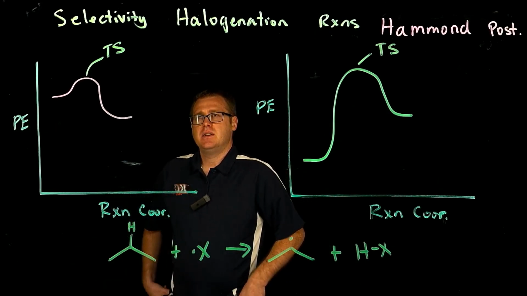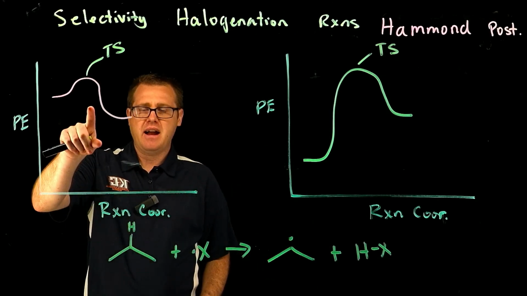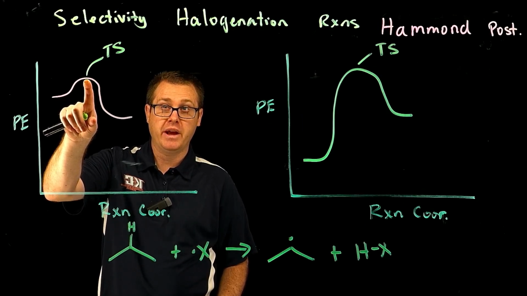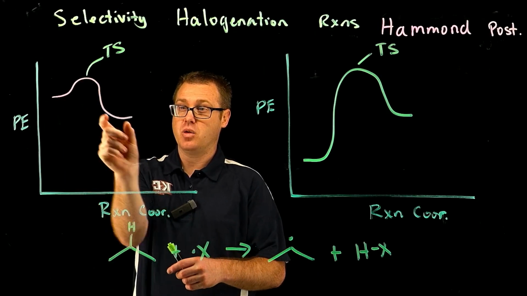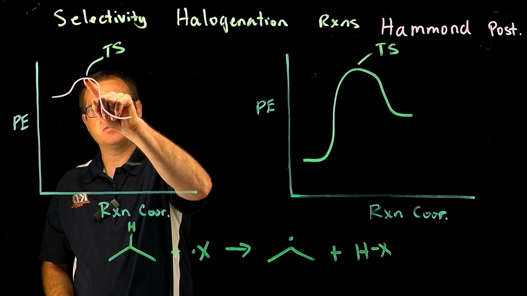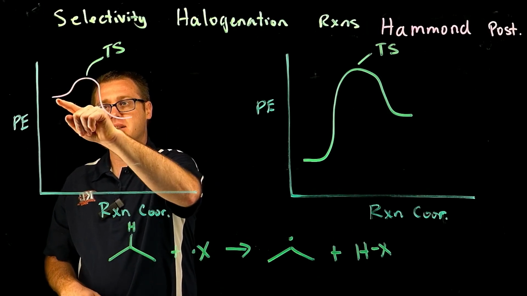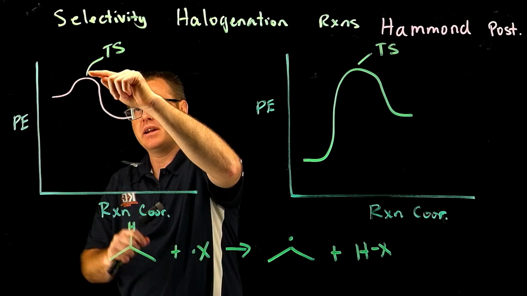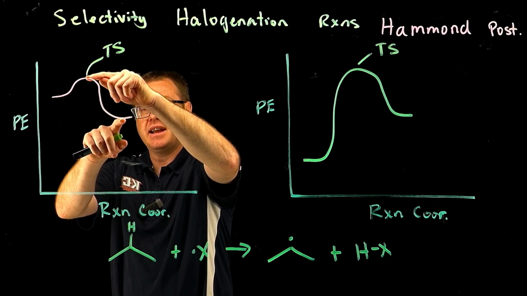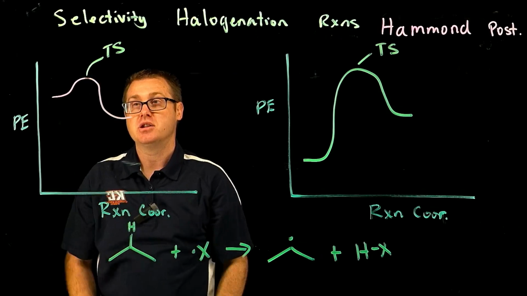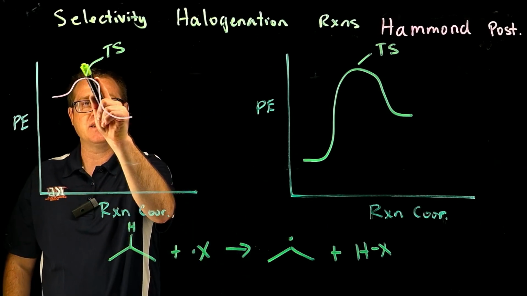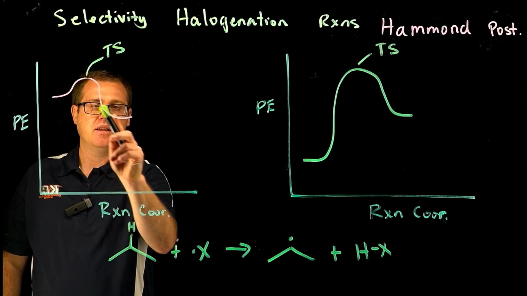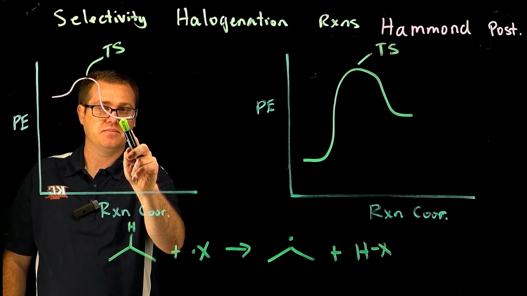So what we're trying to figure out here is whether this transition state is closer to the reactant or the intermediate. You can see from this point on the y-axis to this point, it's that distance right there, right? But if you look at it from this point to this point, you can see there's a bigger energy difference, right? So what the Hammond postulate is saying is that the transition state here is going to look more like the starting material than it does the intermediate.